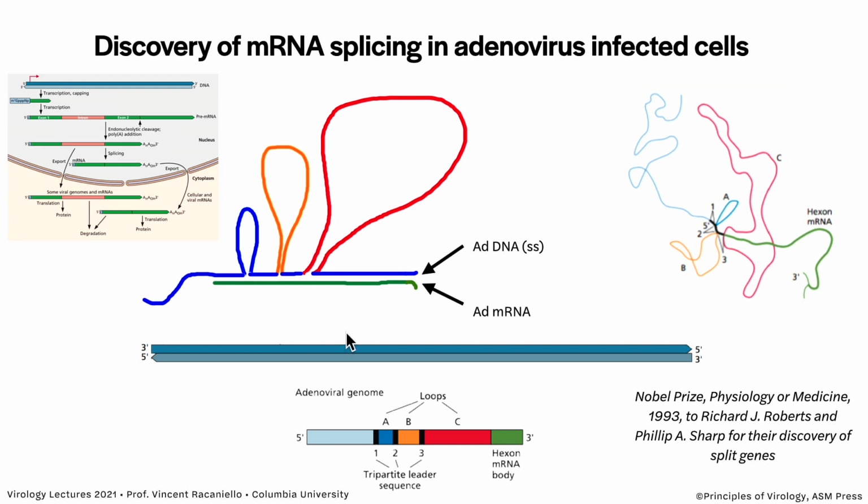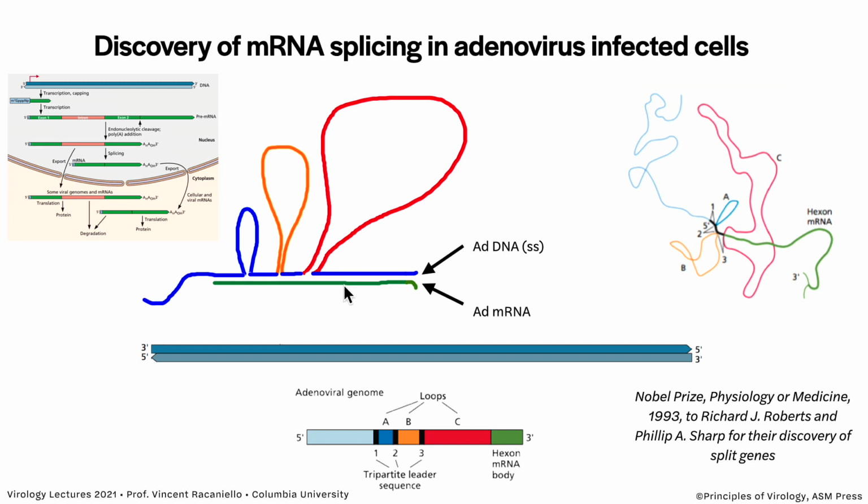So a number of groups, Richard Roberts at Cold Spring Harbor and Phil Sharp at MIT, separate groups, did an experiment where they took the final mRNA in the cytoplasm, the adenovirus mRNA encoding the hexon protein. They could purify lots of this from virus-infected cells, and they could purify viral DNA, and they made it single-stranded, hybridized the two, and looked at it under the electron microscope. And this is what they saw on the right here. The interpretation of that is drawn here by me on the left.